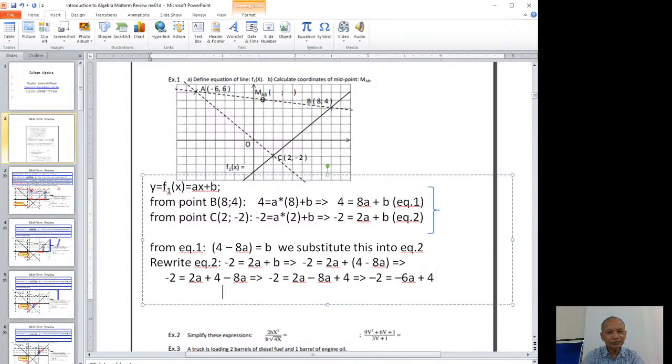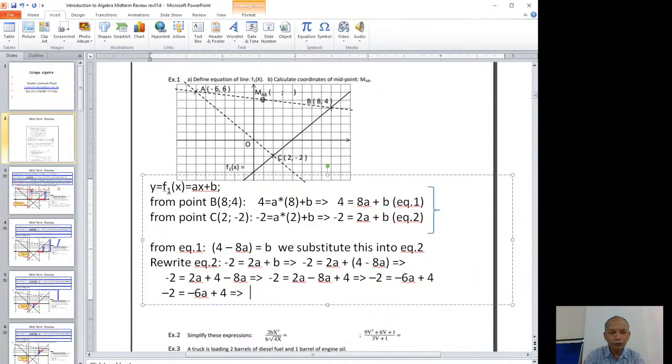We continue with this. We need to make all the numbers on one side and the variable, any letter, on the other side.